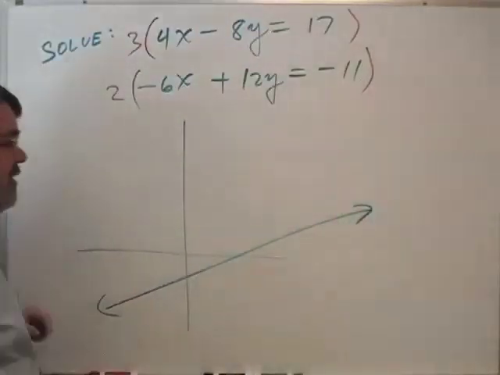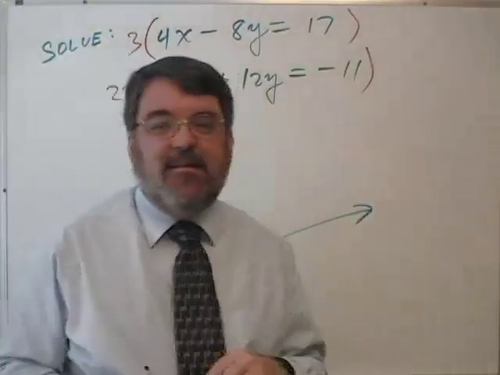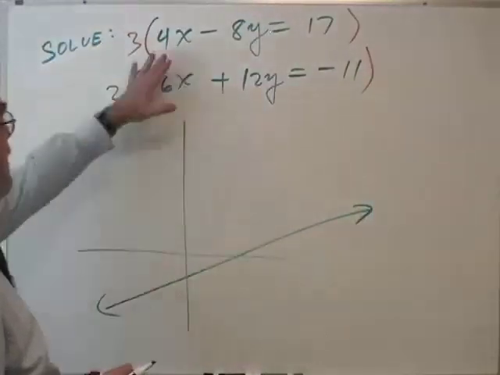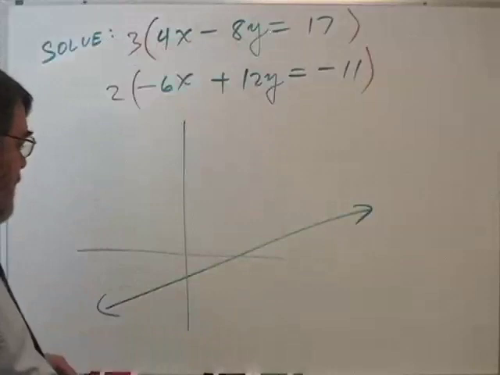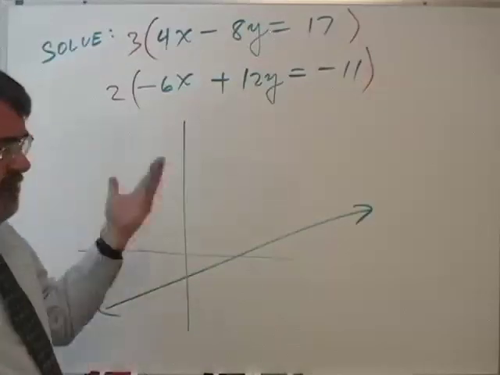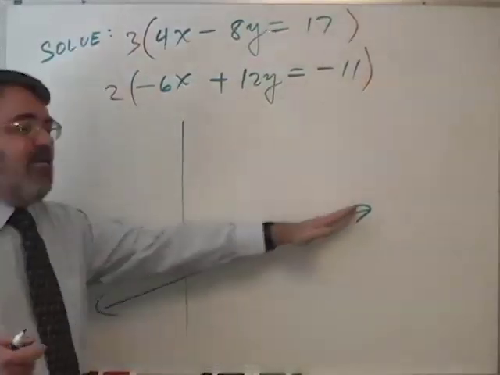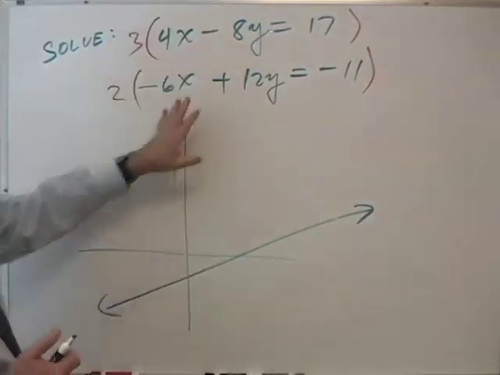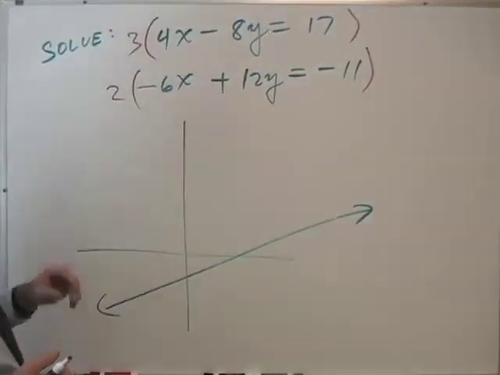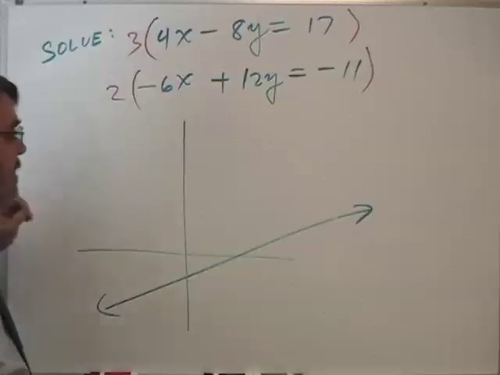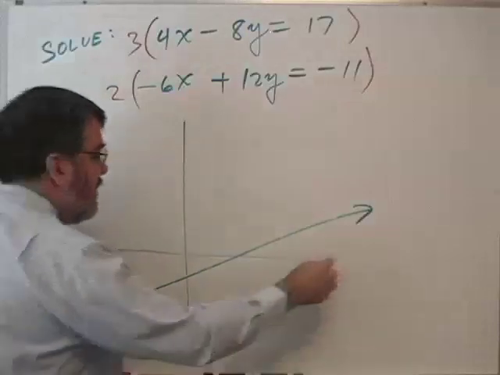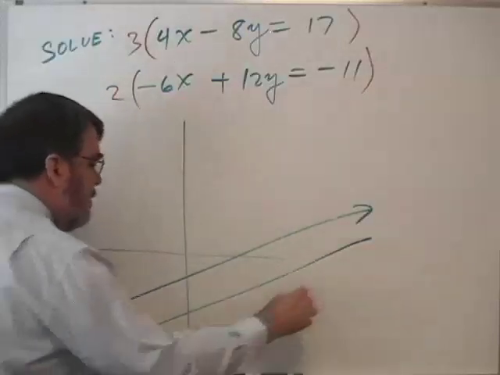I'm not too worried about the specifics of where the graph is, but it can be seen that the slope is 1/2 if you worked it out. All right, so humor me. Suppose that this line is the line representing that equation. What about this one? That equation runs parallel to it, and I'm not sure exactly where it goes. Suppose it goes down here.